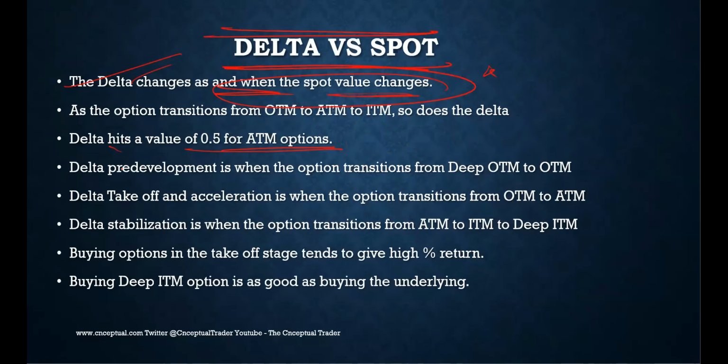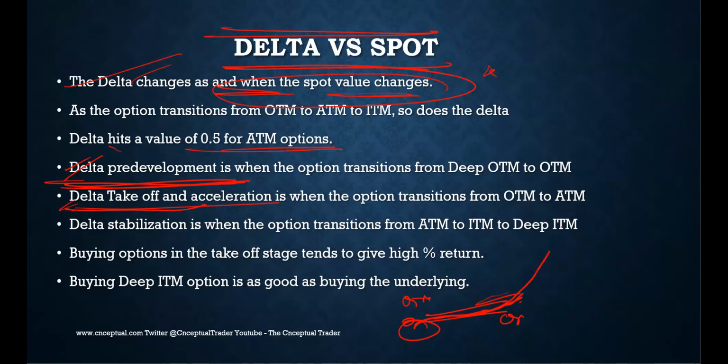Let's see the same thing which I explained in the example here also. Now you can see, what is delta pre-development? Delta pre-development is when the option transitions from deep OTM to OTM. Deep OTM options have very little delta. Then when they change from deep OTM to OTM, delta will increase. Then comes the phase of delta takeoff and acceleration.